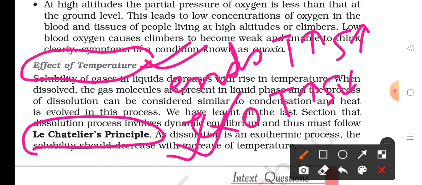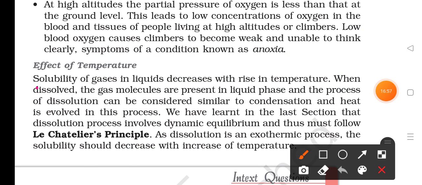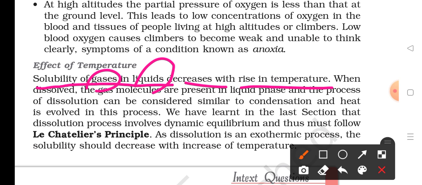So whenever temperature is increased, solubility is decreased. This is all about it here: the solubility of gases in liquids decreases with a rise in temperature. Since it is an exothermic reaction, solubility decreases with an increase in temperature.